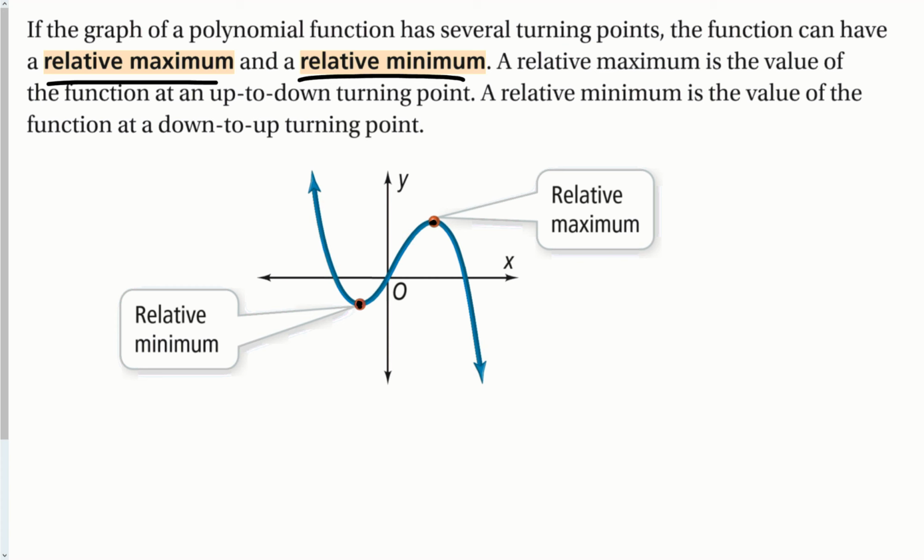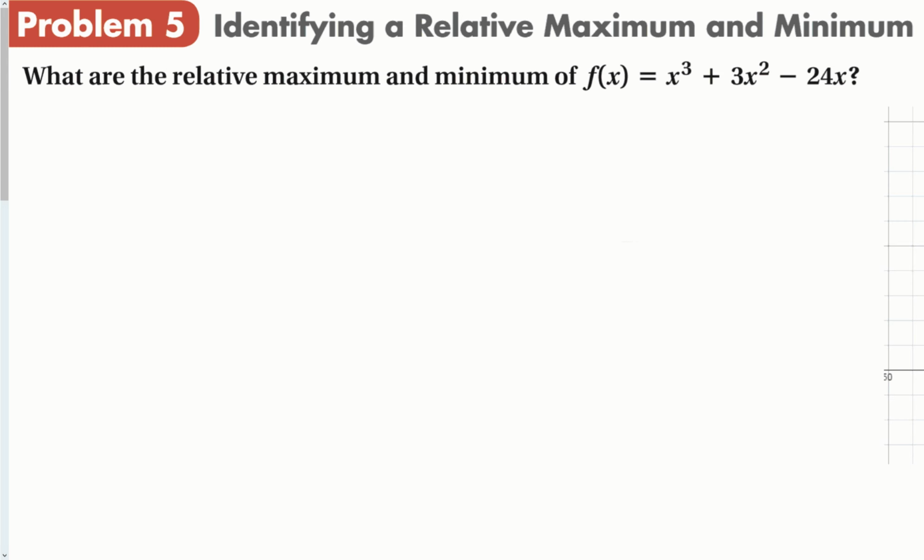And without calculus, without finding the slope of the curve at those points and figuring out where the slope is equal to 0, we're not going to be able to calculate them, but we can use a graphing calculator. So let's see if I can factor this a little bit, just for practice, and see what I would expect from this.